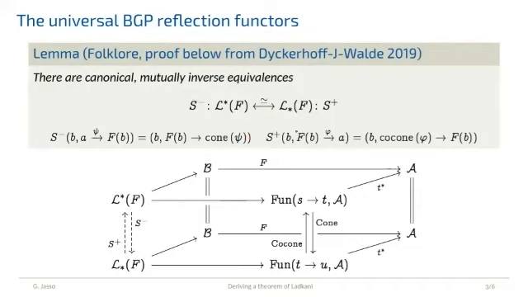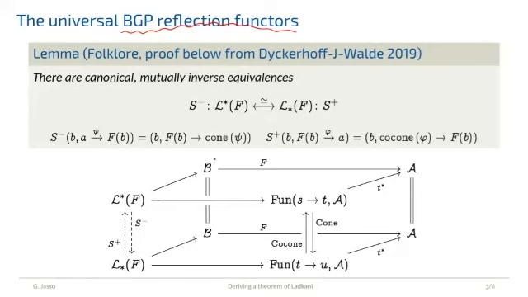Now, the second main ingredient is a canonical equivalence between the two different ways to perform this gluing. This is some kind of folkloric result. The proof I put here comes from a paper from 2019 together with Dickerhoff and Valde. We call them universal BGP reflection functors because they are given essentially by the same formula as the Bernstein-Gelfand-Ponomarev reflection functors, and they're universal in the sense that all BGP-style reflection functors we know about are instances of this equivalence.